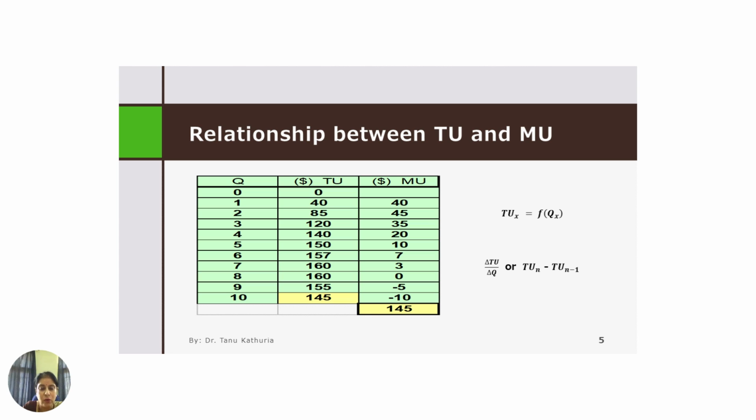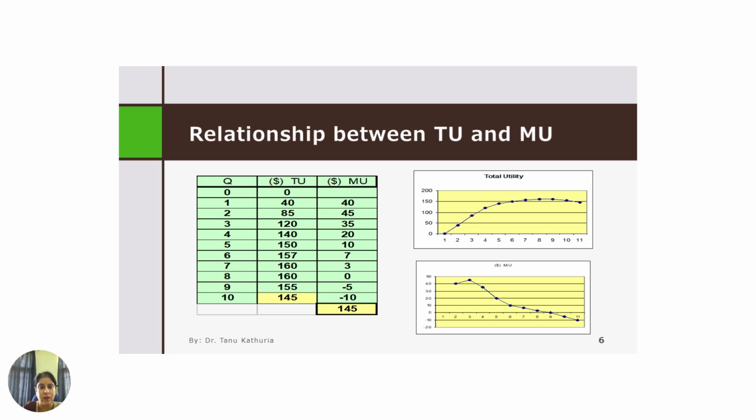And my total utility keeps increasing, reaches the maximum of 160 and starts to fall down. In the same manner, my marginal utility went from 40 to 45, increased, but then went on decreasing and reached zero. That means it is zero when my total utility was maximum, but then it went into the negative zone because my total utility was declining. That means I was getting dissatisfaction instead of satisfaction.